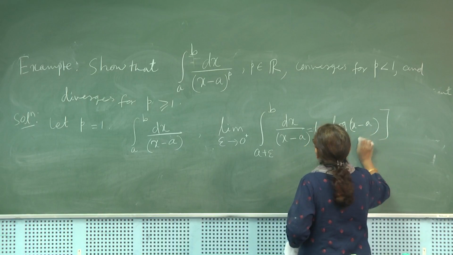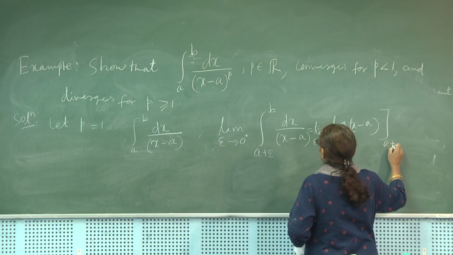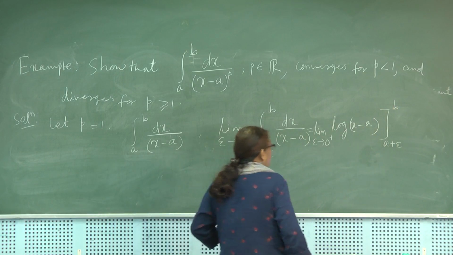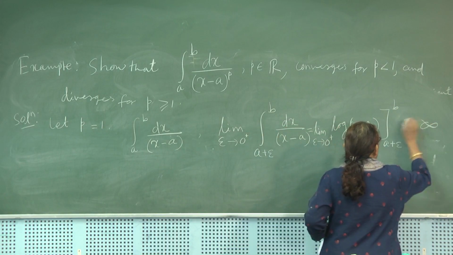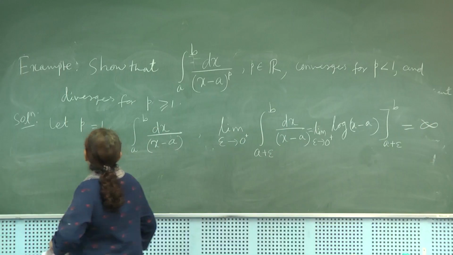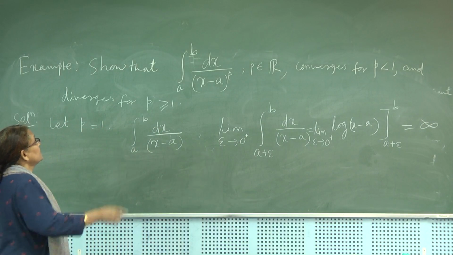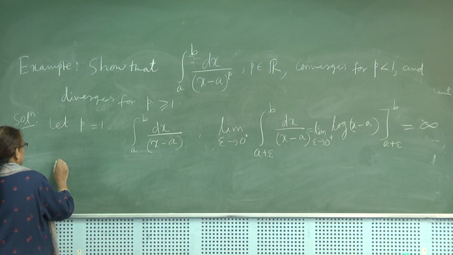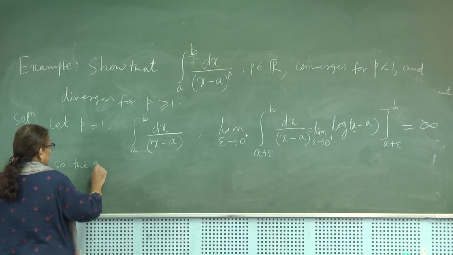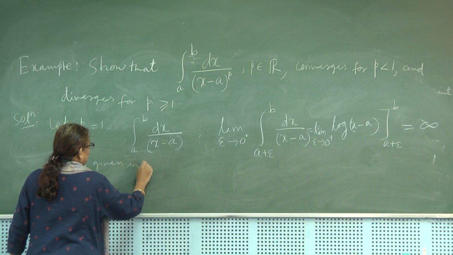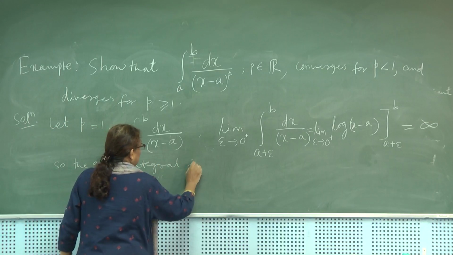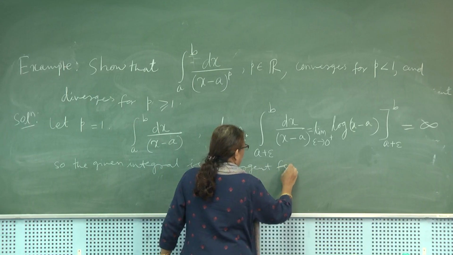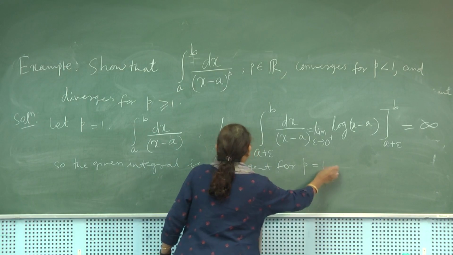You evaluate from a plus epsilon to b over here and then you check that you get infinity, and hence the given integration is divergent for p equal to 1. Okay. So, the given integral is divergent for p is equal to 1.